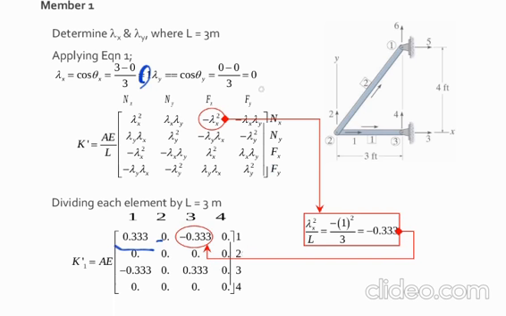This matrix is a constant matrix, and it's a constant location of each lambda. Besides that, we can put the numbers of the global system.